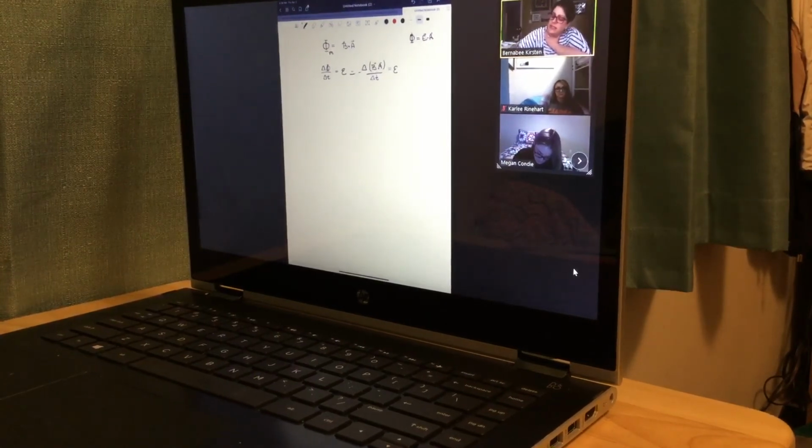So that means I could have a changing field times an area, or I can also have a changing area times my field. Oh, and the negative thrown out front.